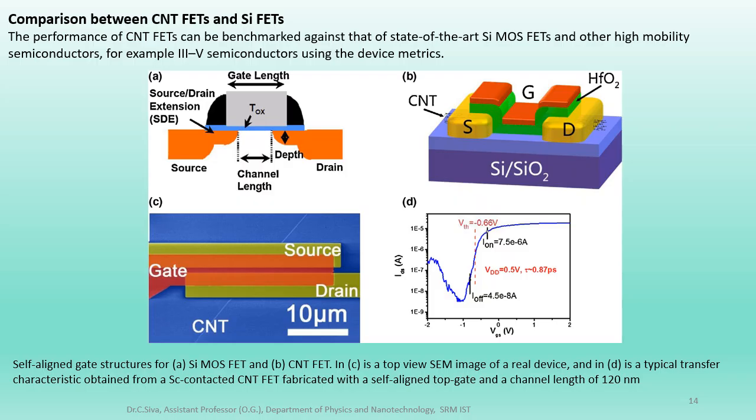A CNT FET with a 120 nanometer channel shows an intrinsic delay of 0.86 picoseconds, fast enough for terahertz range operations. Its energy delay product is far lower than silicon devices of the same length.